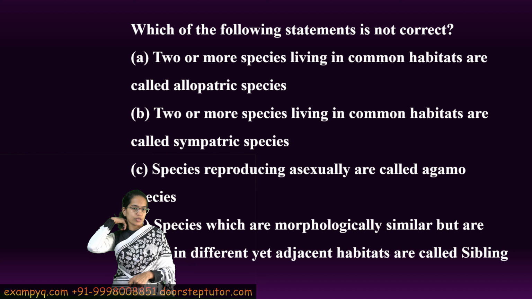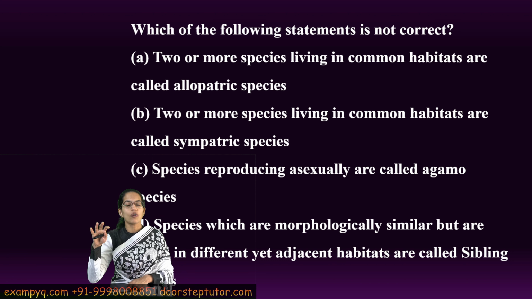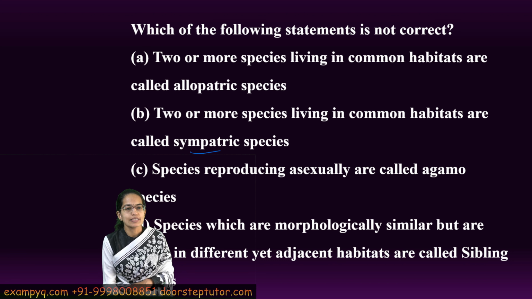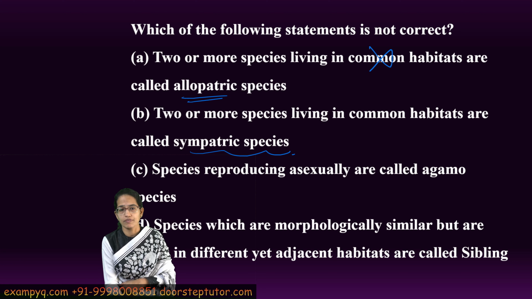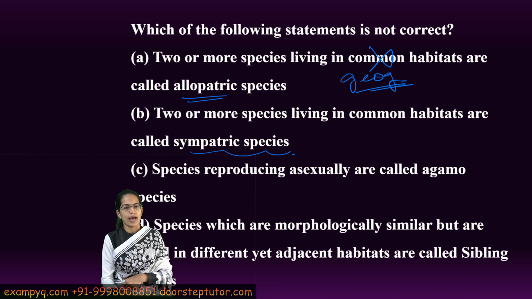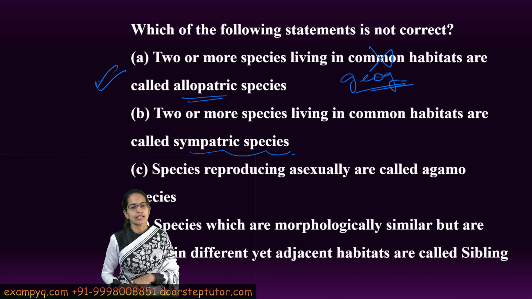If two or more species are living in a common area, we call them sympatric species. If they are separated by a physical barrier, we call them allopatric species. They do not live in a common habitat, but are separated by a geographical barrier, and therefore they are called allopatric species. So A is the incorrect option here.